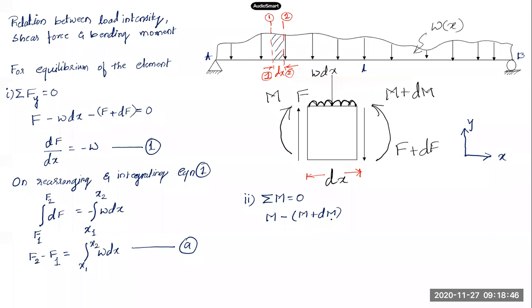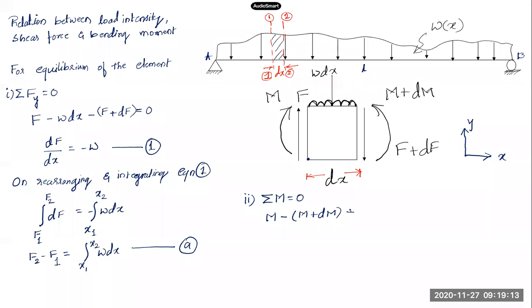Okay, so what is the moment due to this load? I'll consider moment about this particular point on the left side. So the moment due to this UDL which is present on the element: this is the resultant multiplied by dx by 2, and it will have a clockwise moment.